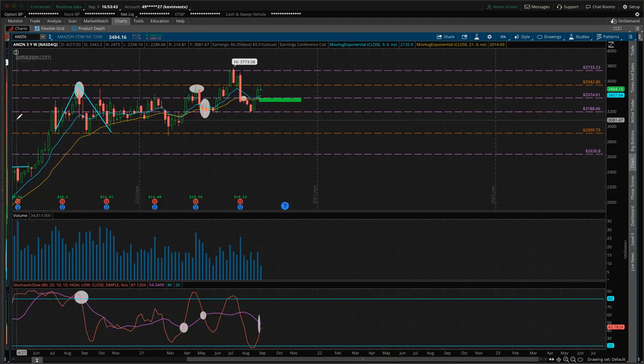So what is the one thing that can essentially help Amazon push up, right? Now, it's not necessarily going to be, oh, there has to be enough buyers tomorrow, this and that. No, you have to understand also the amount of money it takes to move a stock up, right?